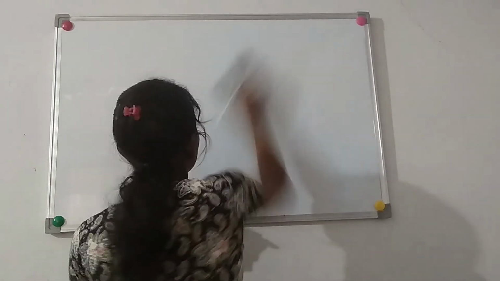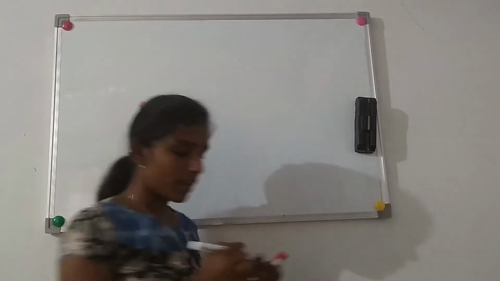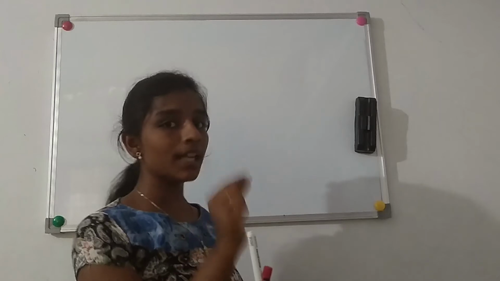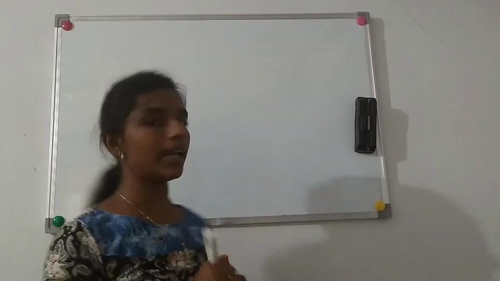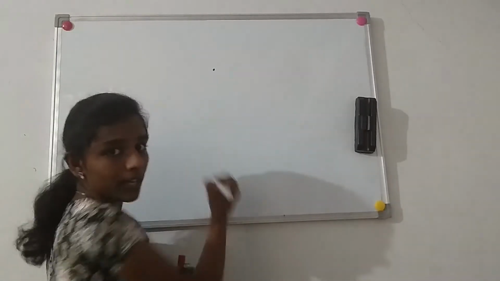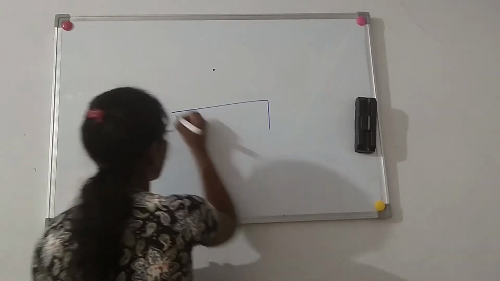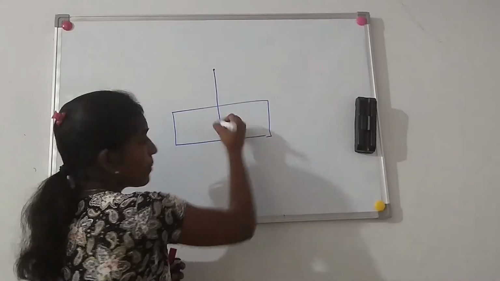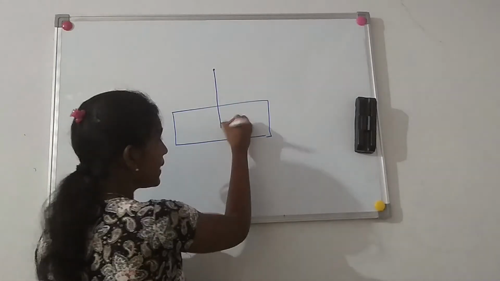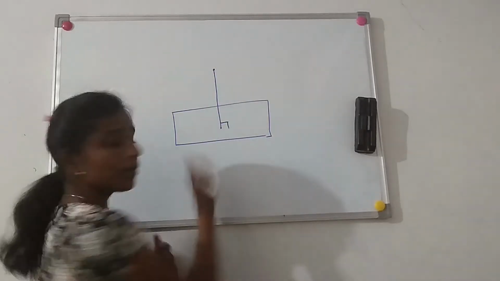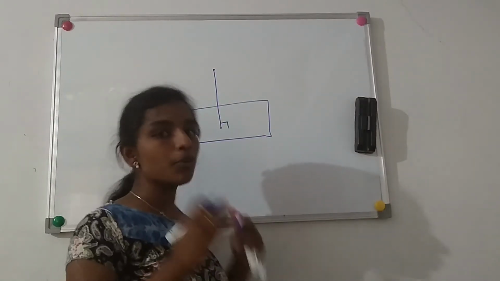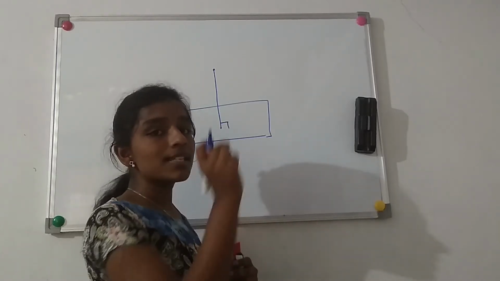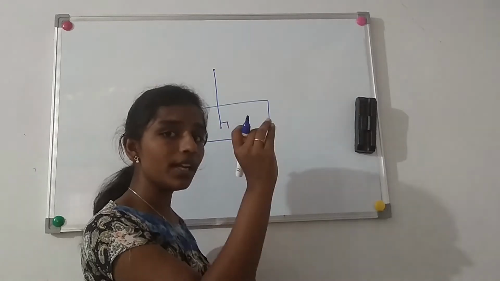What are those cases? The first thing is, how do you find the perpendicular distance between a point and a plane? If there is a point given and there is another plane given, you want the perpendicular distance from this point to the plane. Now what do you do for this? In 2D geometry you have already studied the perpendicular distance of a point to a line.